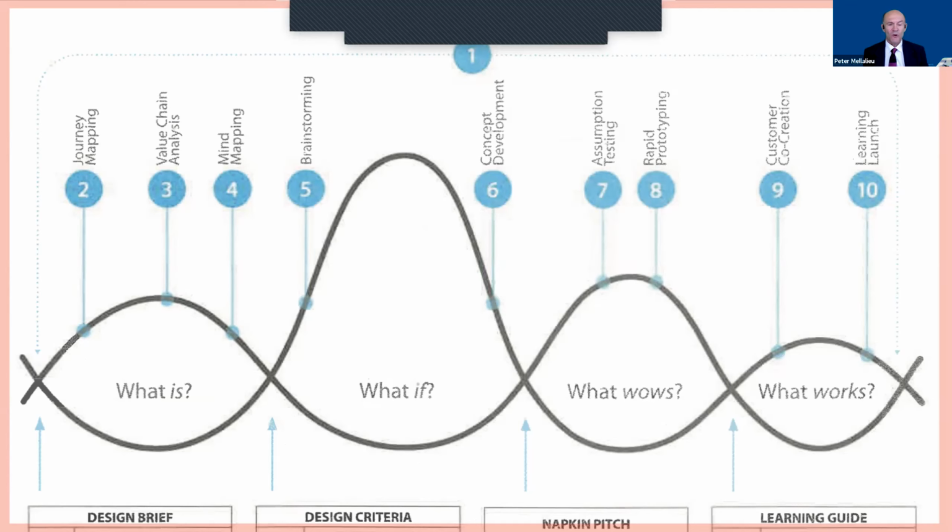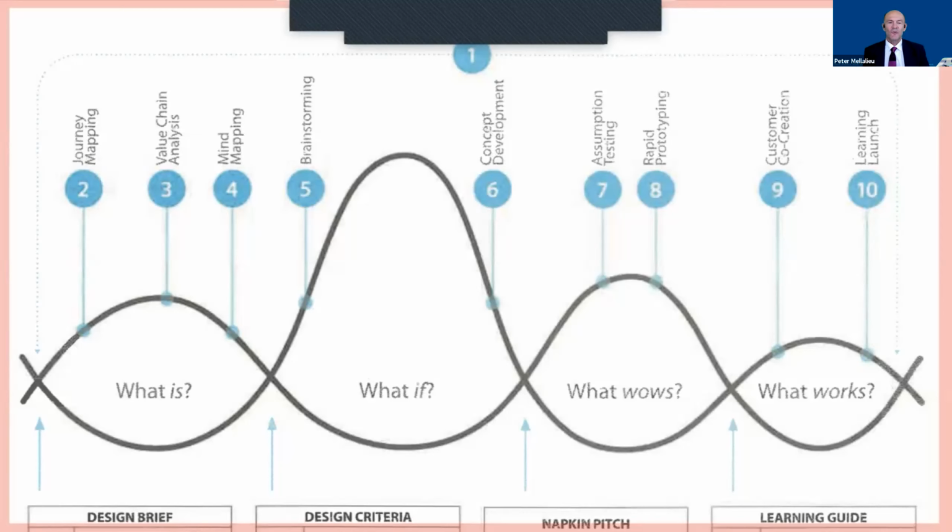Then we go into the what if phase. What if we could do things differently? And we use a variety of creativity tools. In this picture here, we've mentioned brainstorming as one of the tools, but there are dozens of creativity tools, even just listening to your dreams and writing them down in the morning when you wake up.